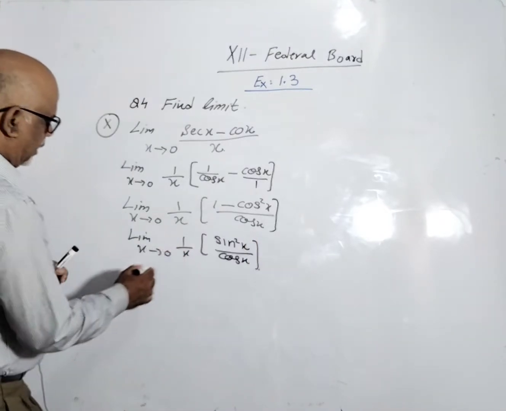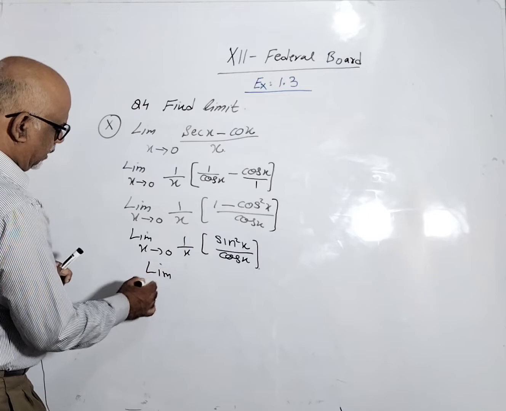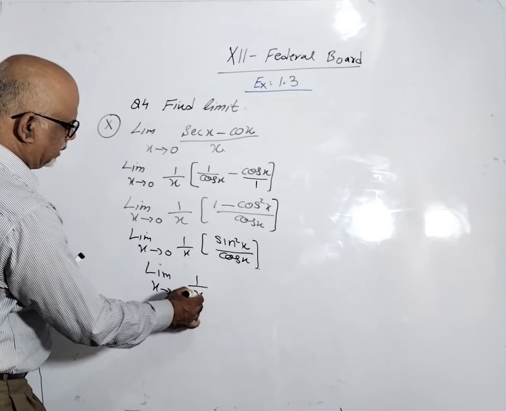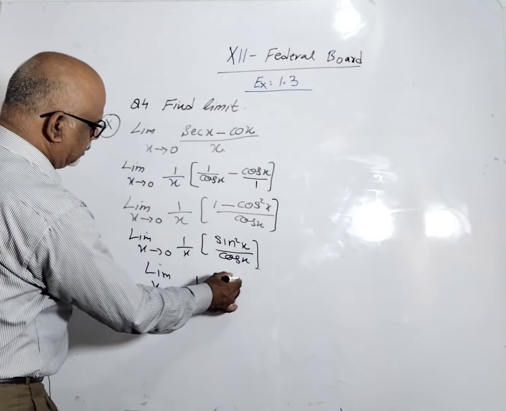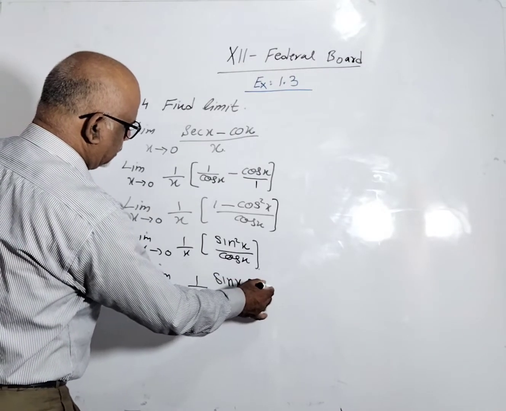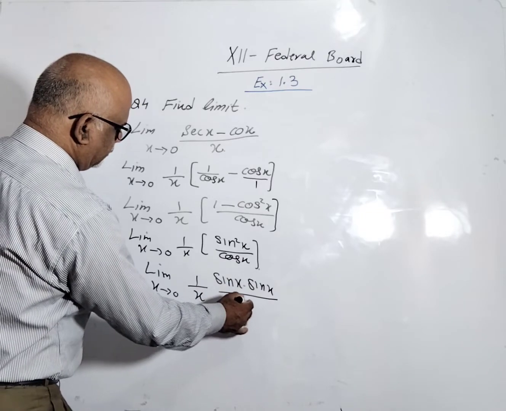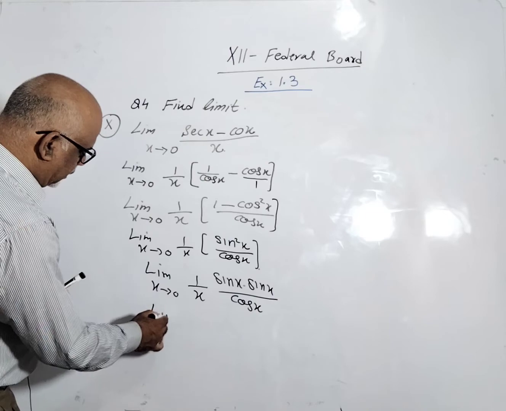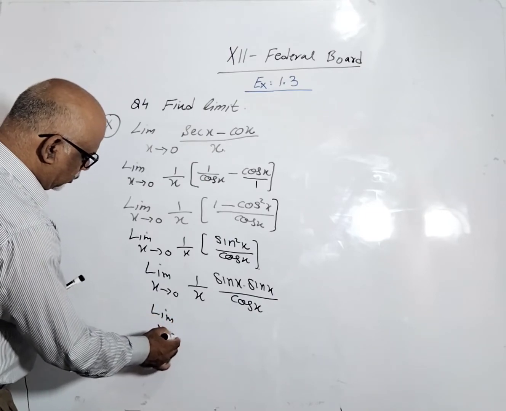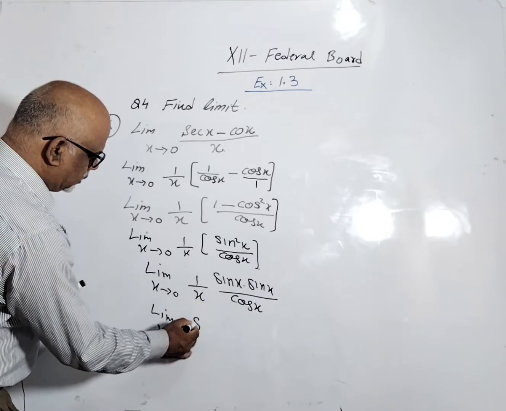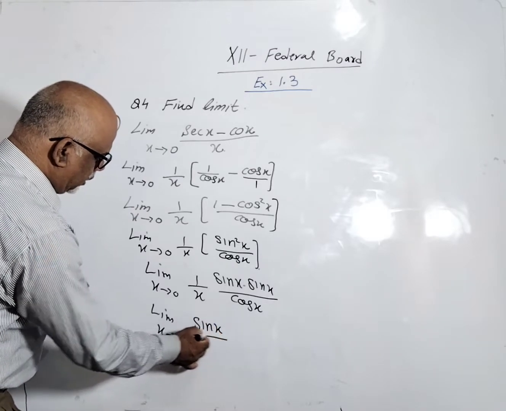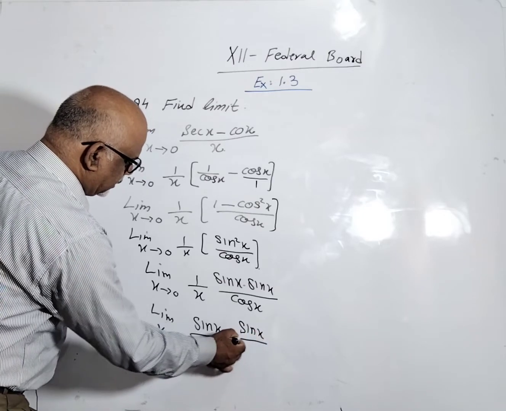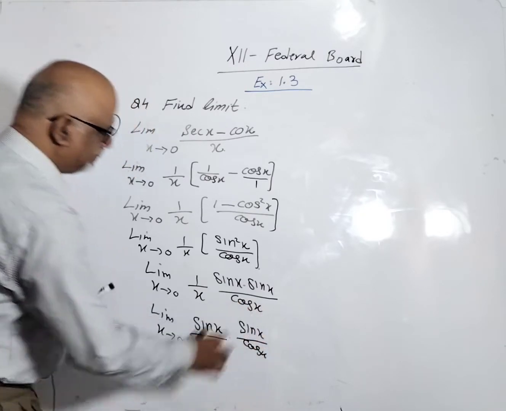Now we can write limit x tends to 0 of 1 over x, sin x into sin x, because we have to adjust it. So this is limit x tends to 0 of sin x over x into sin x over cos x.